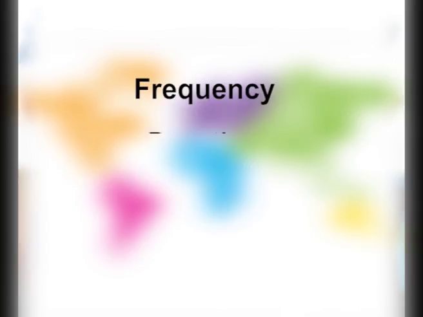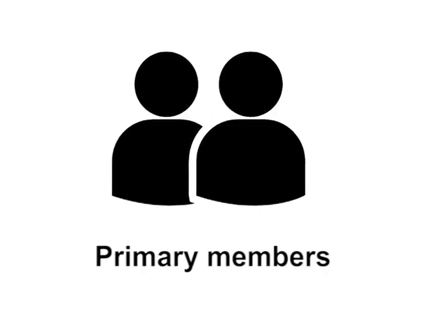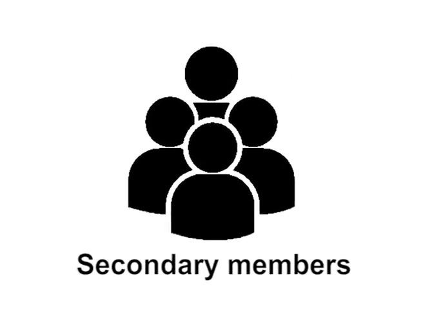The frequency, duration, intensity and focus in interaction may be there, but their degree is lower than the one in primary group. The group is second in importance of life to the participants. He is first affected by the primary members and later by those in the secondary.